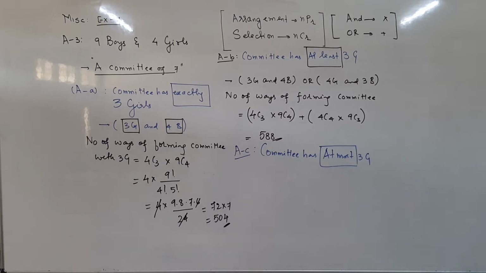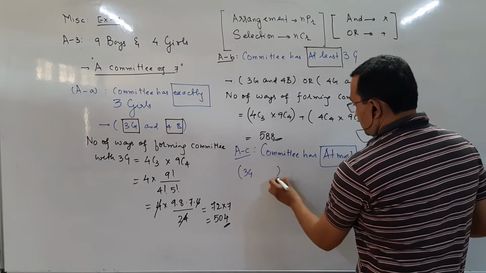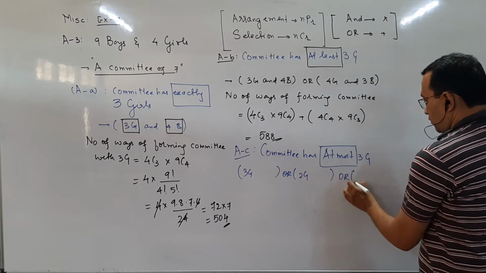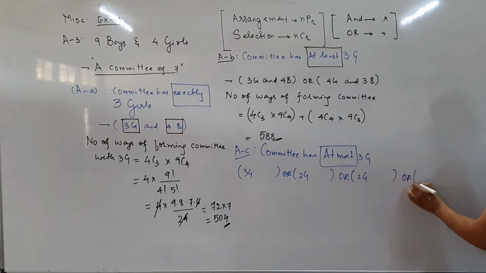What do you mean by at the most 3 girls? Maximum 3 girls. You can have 2 also, 1 also, and no girls. But you cannot have 4 girls. So the first case is 3 girls, or 2 girls, or 1 girl, or no girls.